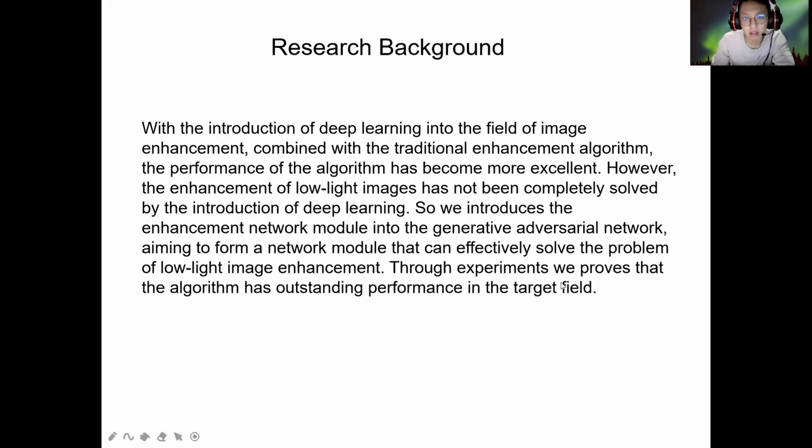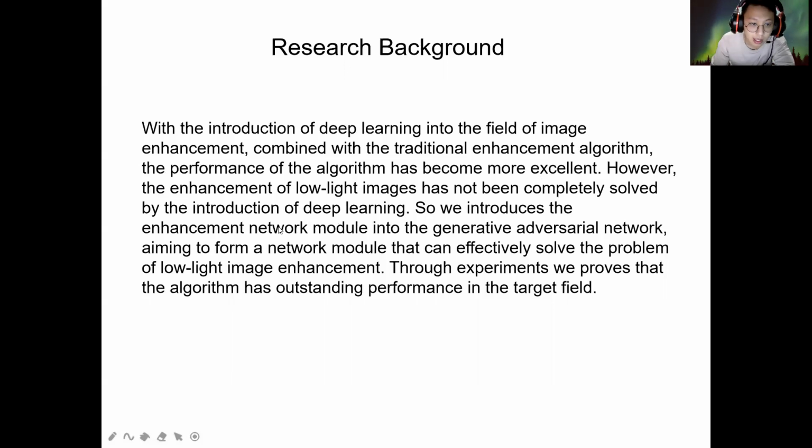Let's move to the first part, of course, the research background. With the introduction of deep learning into the field of image enhancement, combined with the traditional enhancement algorithm, the performance of the algorithm has become more excellent. However, the enhancement of low light images has not been completely solved by the introduction of deep learning.